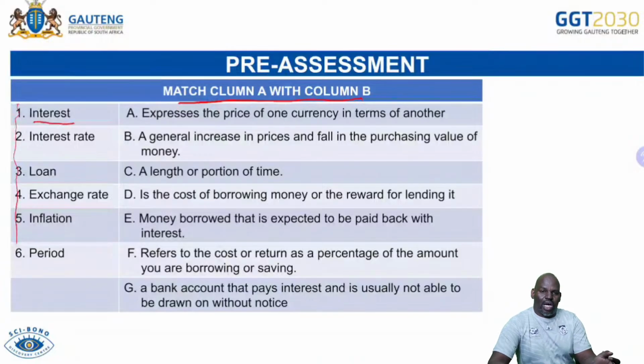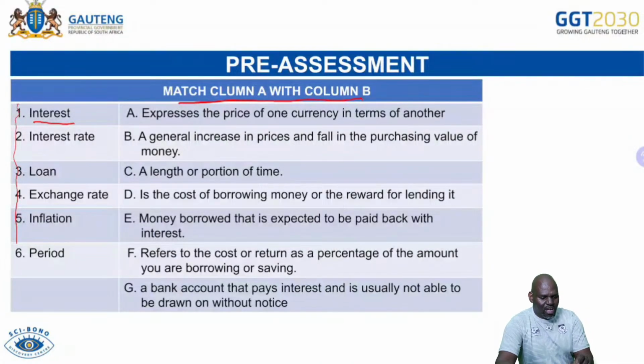When you see the word interest, you must have your own way of explaining it; something should come into your mind. However, in this case, we have to match the word interest with its relevant explanation. Looking at the explanations under column B, I can see A, B, C, D, E, F, G. Which explanation under column B matches the terminology interest?